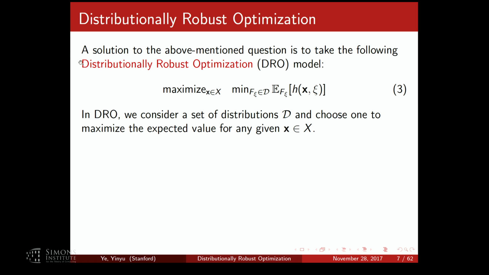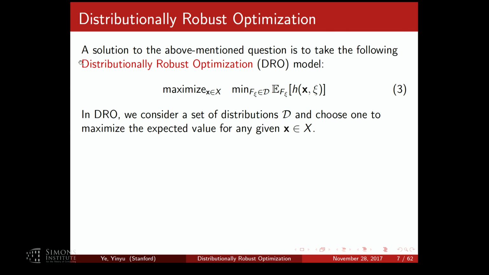Then we assume this is still kind of an adversary, but now your adversary does not choose a single point to hurt you, but has to choose certain distributions, and those distributions have some constraints. So this is called DRO.